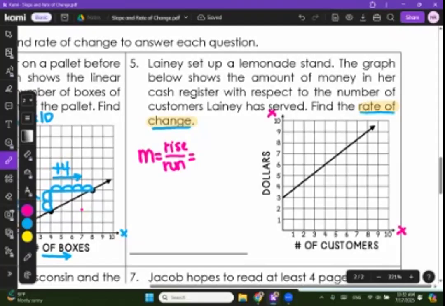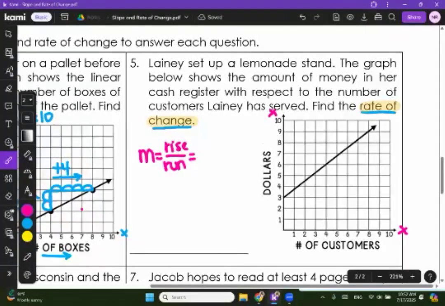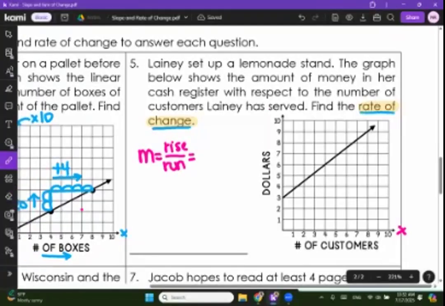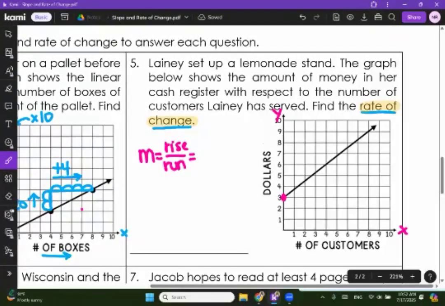Now, a couple of the points that I always look to use would be my x-intercept and my y-intercept. Where does it land on the y-axis? Where does it land on the x-axis? In this case, it does give us a good starting point here on the y-axis. So I'm going to go ahead and use this point. And the other point I would use is probably 4, 6.